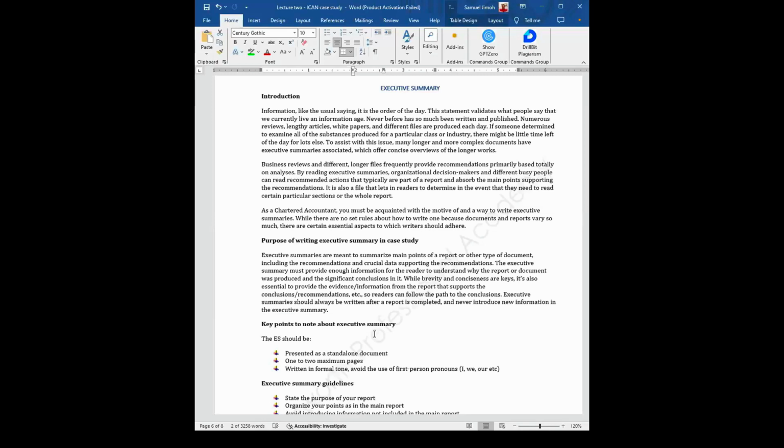An abstract will cover the purpose why you are doing that research or why you have carried out the research. Now, what findings?